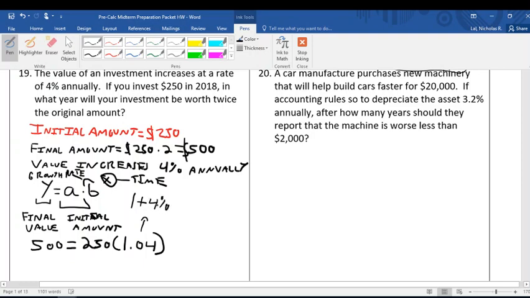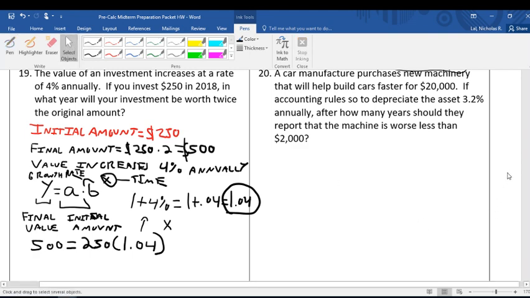If you express 4% as a decimal, it's 1 plus 0.04, which is equal to 1.04. And the 1.04 is raised to the x power. And if x is equal to time, it says in what year, so the answer is going to be time as well.